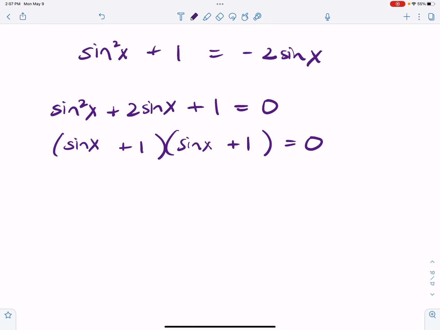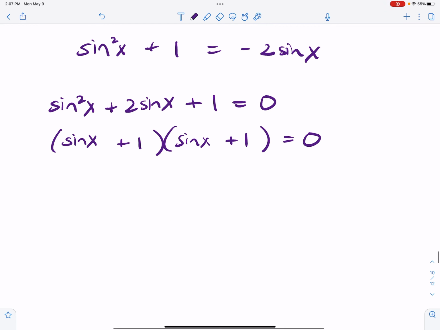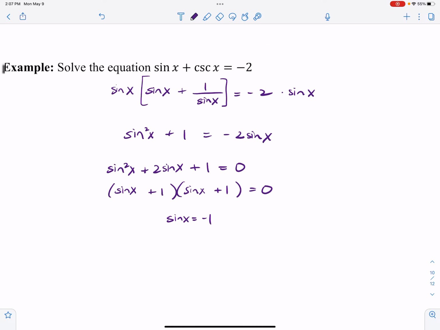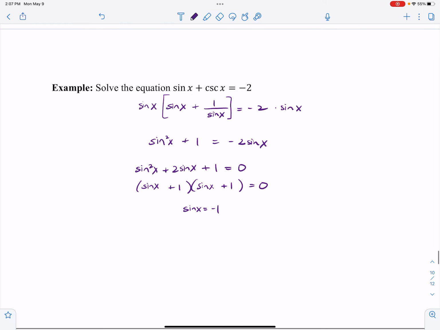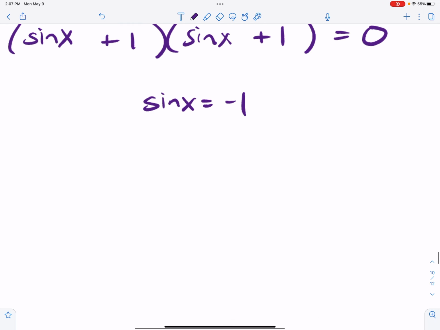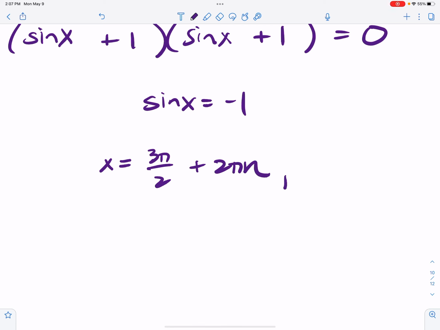Okay, well, that's actually a perfect square trinomial. So we would just get sine of x equals -1/2. It looks like we're not given an interval, so just coming up with the general solution set. Well, there's only one angle from 0 to 2 pi that would make sine equal to -1/2. So that would be 3 pi over 2, and then we need to include all of its coterminal angles.